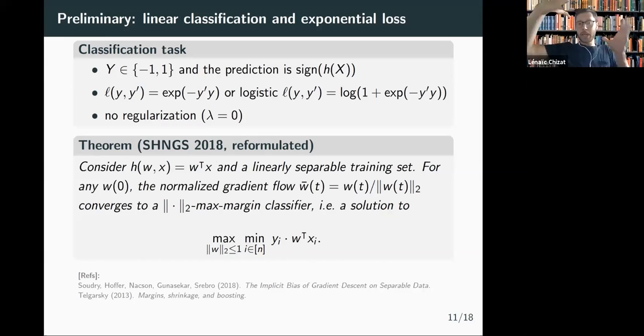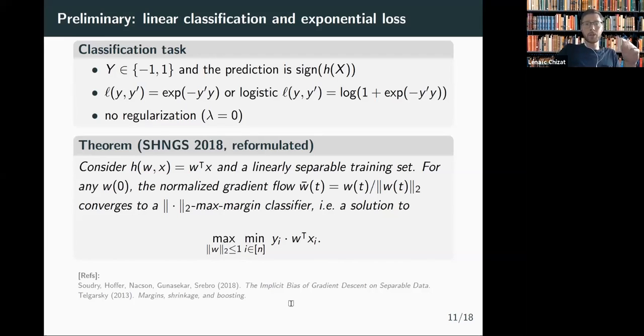But when we normalize the gradient flow, so we take its normalization on the sphere, it will converge to the L2 max margin classifier, which means that among all the classifiers that perfectly classify our training set, this will be the one with the largest confidence if we have this L2 norm constraint, over those with L2 norm smaller than 1. All right, so this was the result that was known in the linearly separable case.